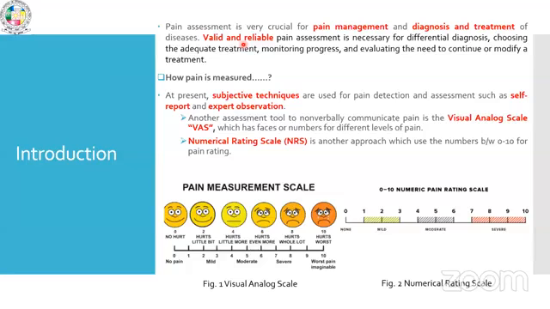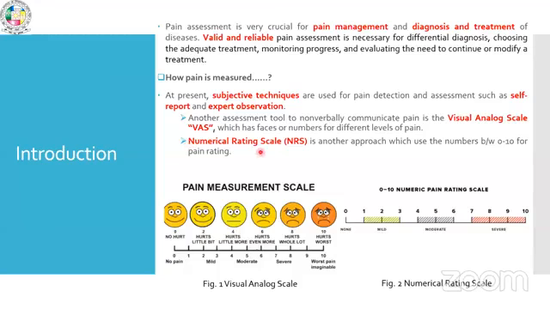So that is where the reliable and valid assessment of pain is needed. Whatever present subjective methods there are for the assessment of pain, basically there are two. One is the visual analog scale, VAS, you can see on my screen.